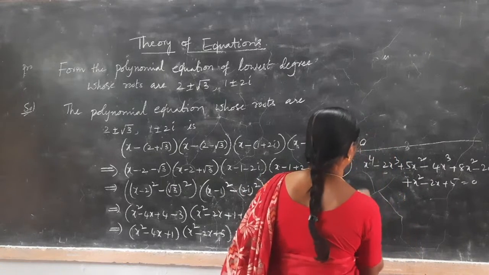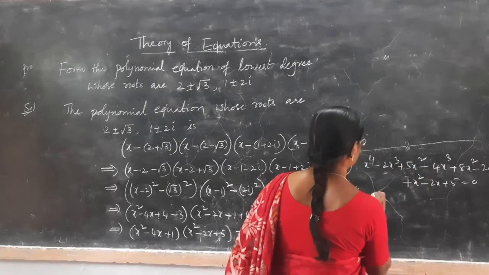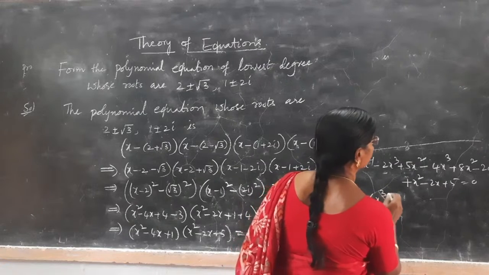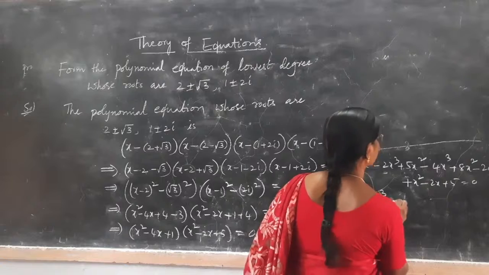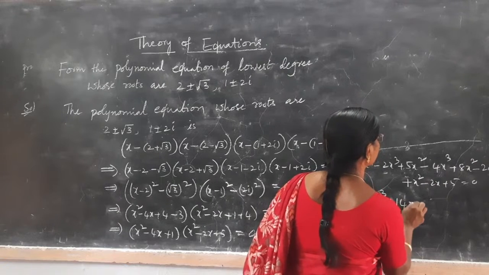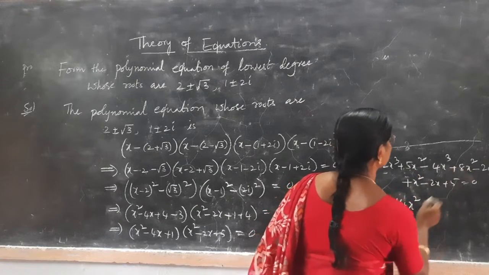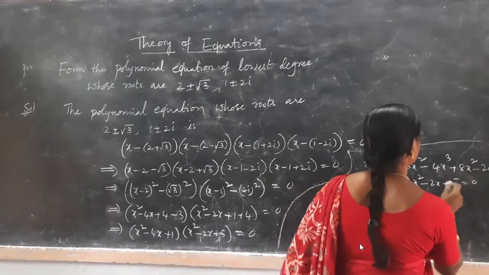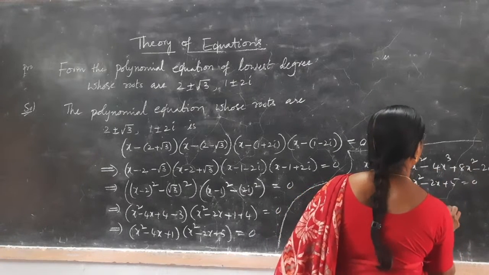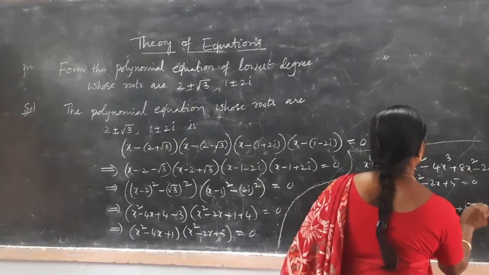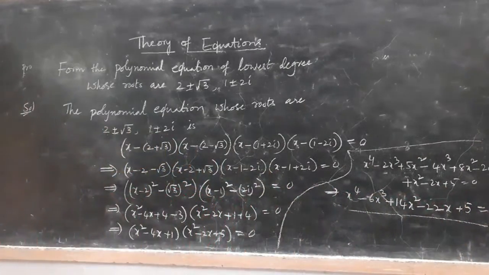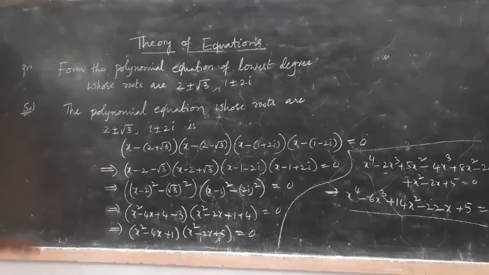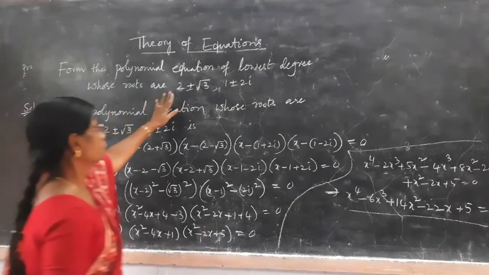x power 4 minus 6x cube plus 14x square. Okay, minus 22x plus 5 is equal to 0. So that is your polynomial equation whose roots are this one.